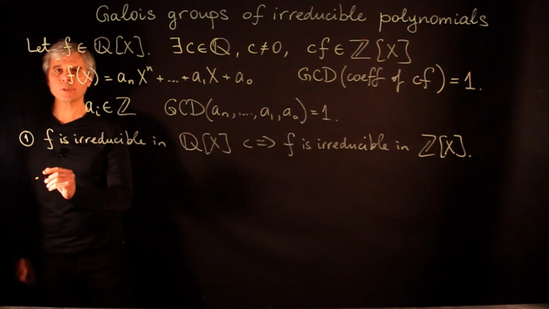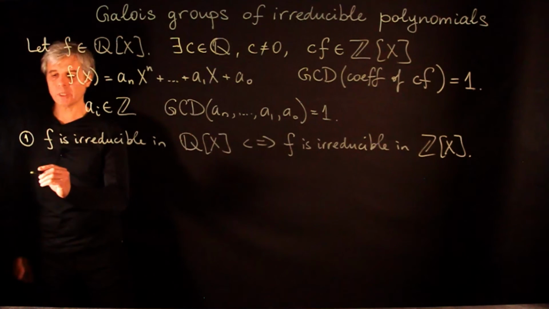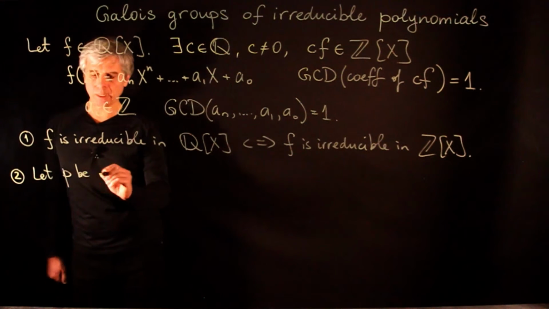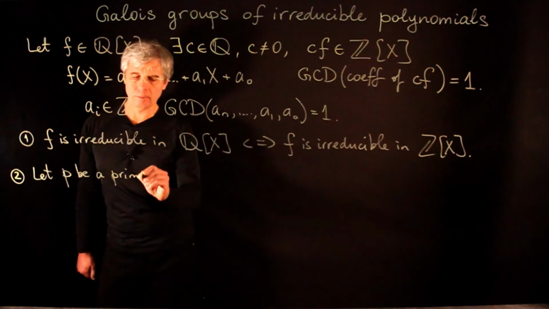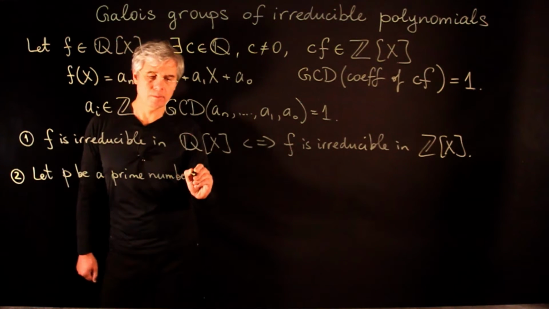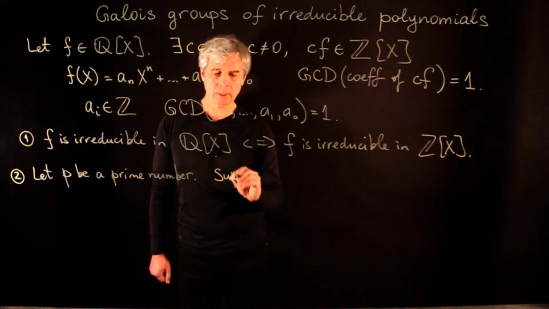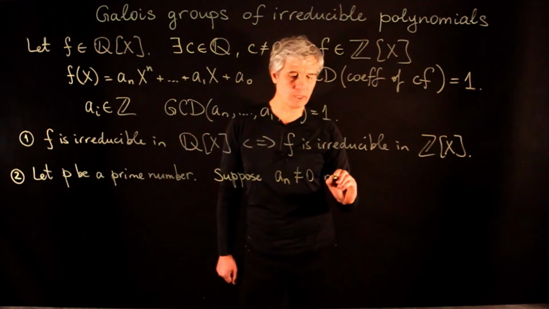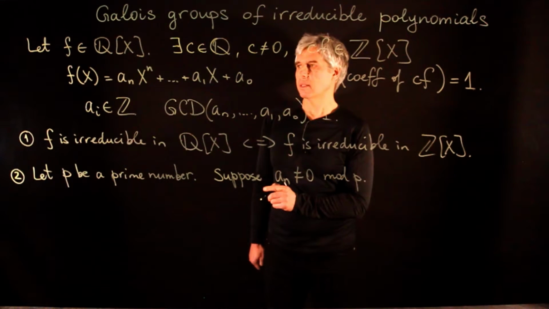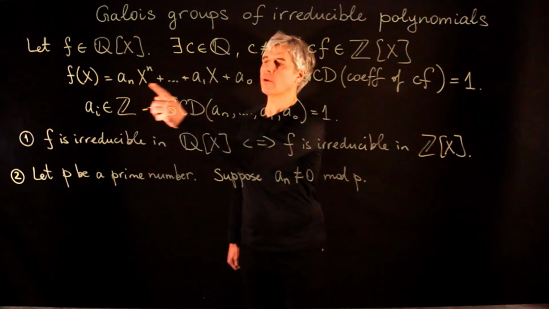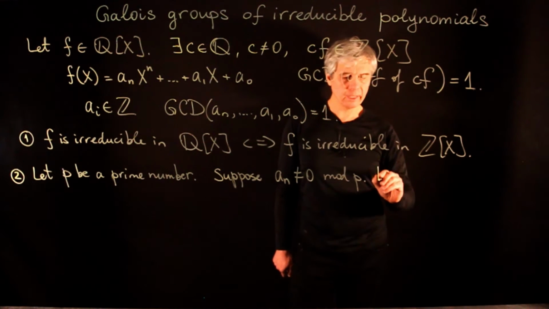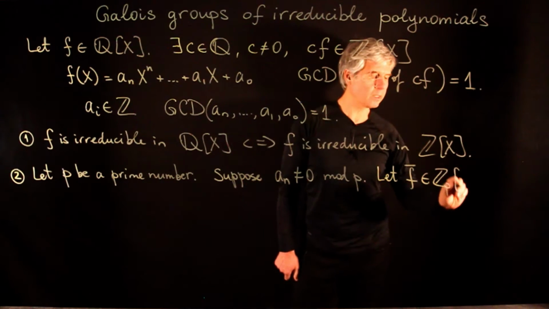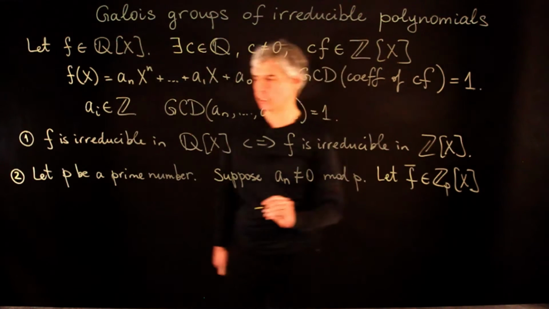We have an irreducibility criterion which is based on reduction mod p. So let p be a prime number, and suppose that the leading coefficient a_n is not equal to 0 mod p. Consider a reduction mod p of each of the integer coefficients. Let f bar be the polynomial in Z_p[x] which is obtained from f by reduction mod p.